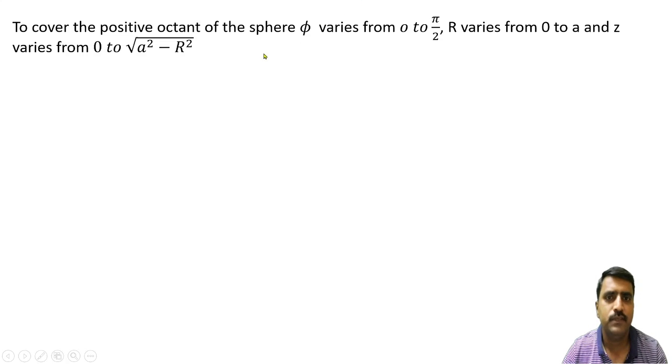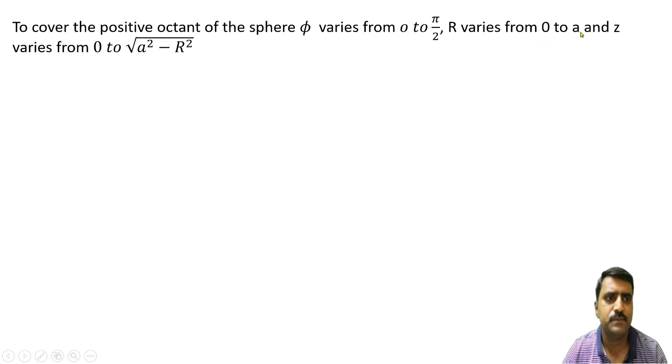Okay, so in the first octant, the angle phi varies from 0 to pi by 2, and r varies from 0 to a, because the radius of the sphere is a here.